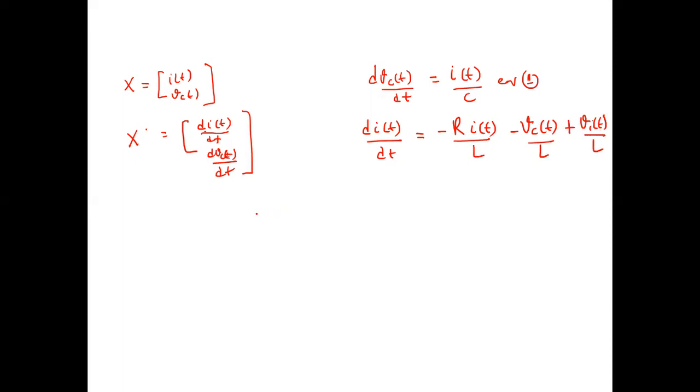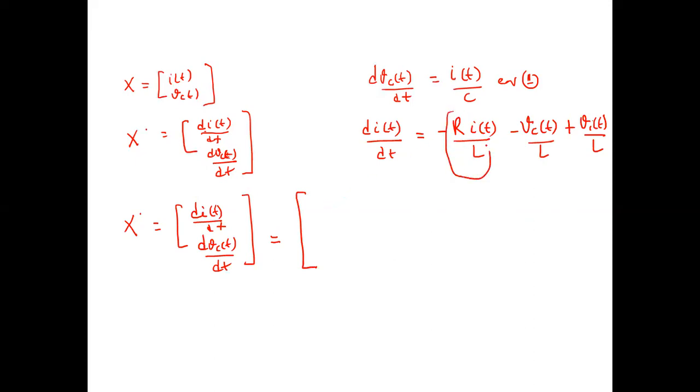The same equation can be written in this form as x dot, wherein x dot is equal to di(t)/dt and dVc(t)/dt. That term is equal to, now if I want to write the first term here, you can see minus R by L is the first term.